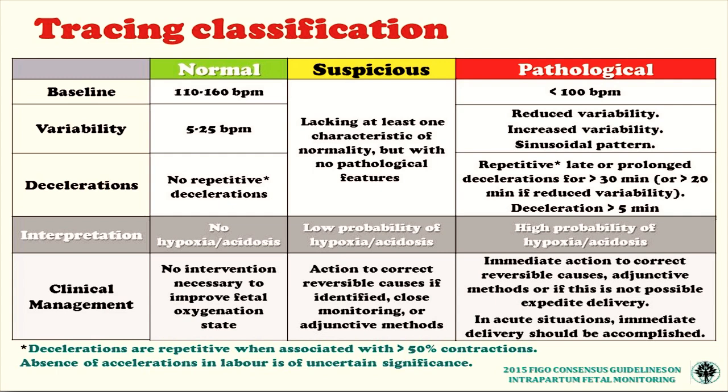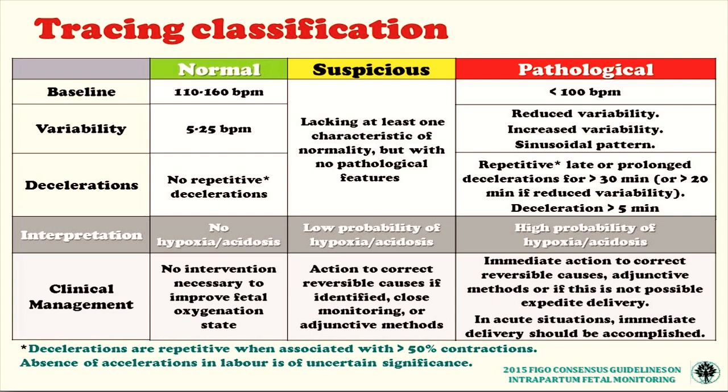Lastly, in the pathological CTG, the baseline is less than 100 beats per minute with reduced or increased variability, or appearance of a sinusoidal pattern, and repetitive late or prolonged deceleration can be seen for more than 30 minutes.